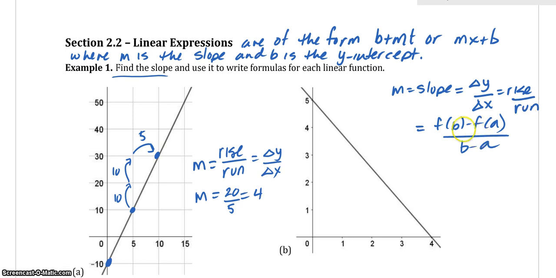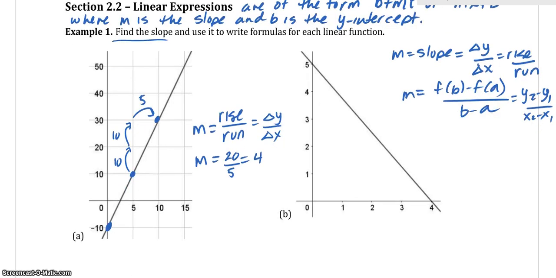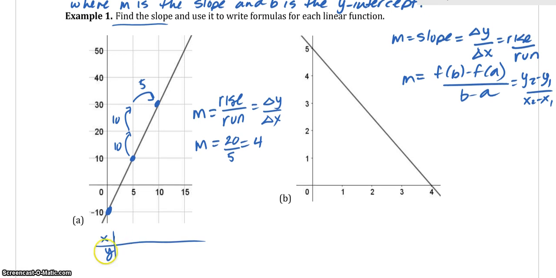It's not the only way we could do it. We could use the second formula, or y2 minus y1 over x2 minus x1 if you'd rather. So those are all the formulas for the slope. So if you, for instance, create a table here, I'm going to call this x and call my vertical y. I'm going to pick ones again that are on the grid. So this time when x is 5, y is 10.